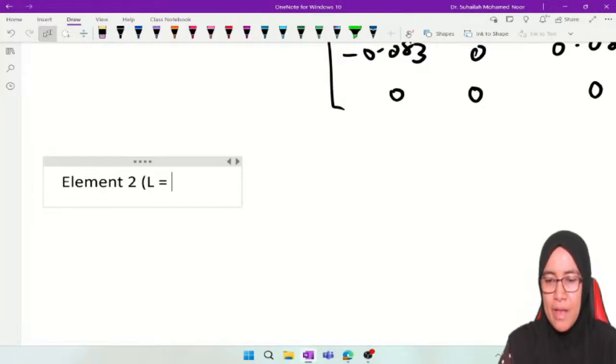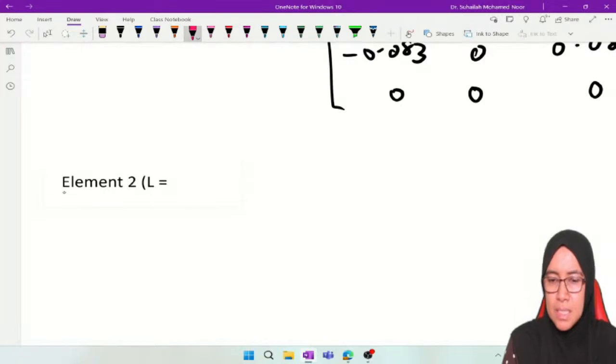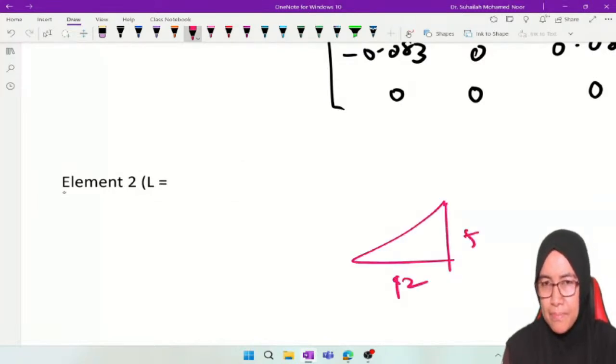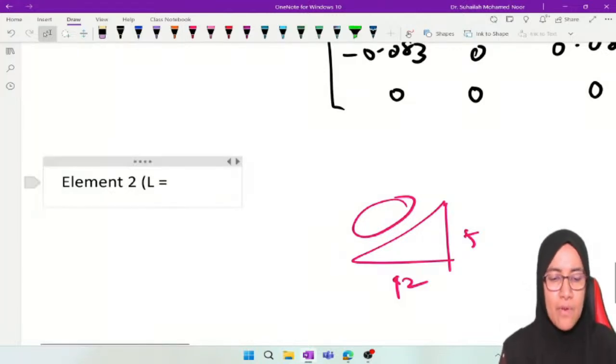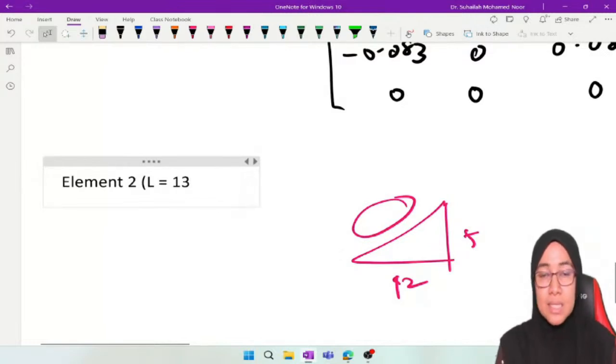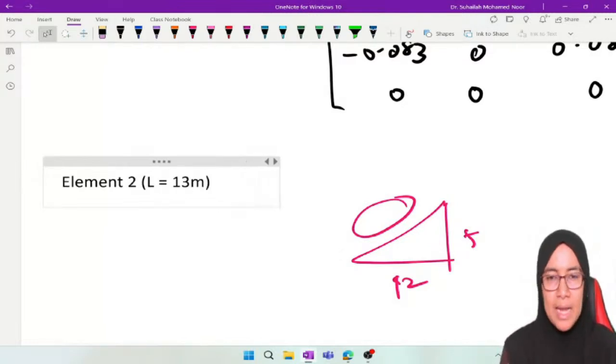We have one triangle like this. This is 12, this is 5. What is the value of this? Yes, it is 13. So the length for element number 2 is 13.